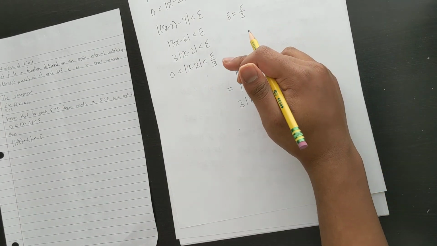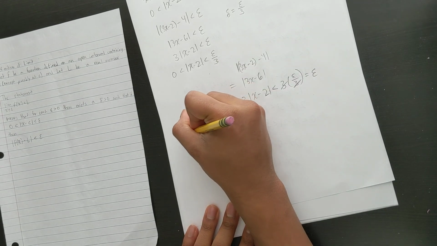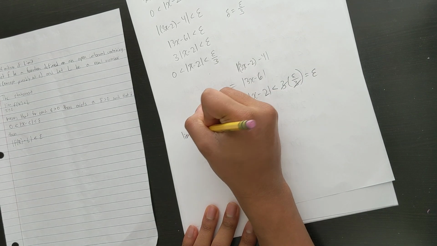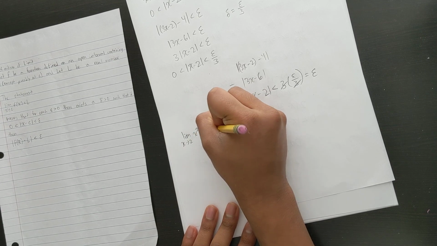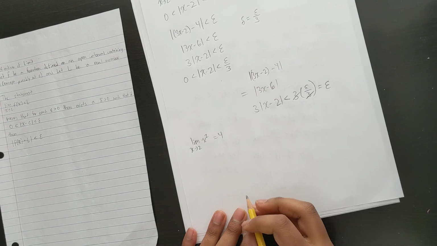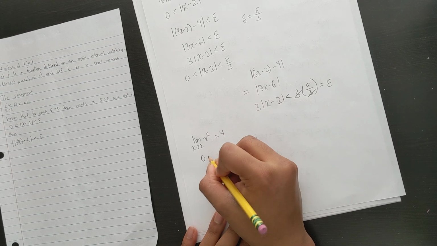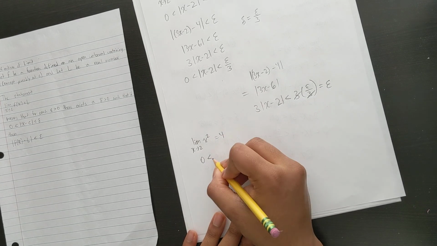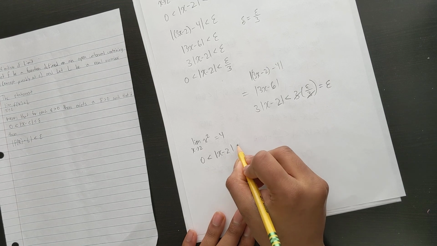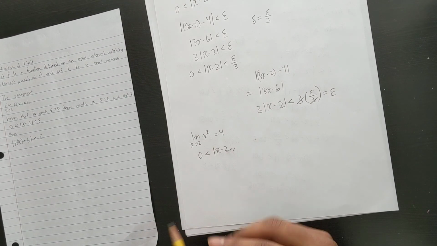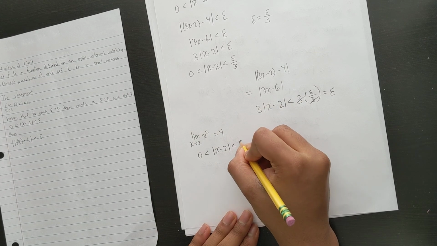So let's do the limit of x squared as x approaches 2 equals 4. Same thing. First thing, 0 is less than the absolute value of x minus 2, which is less than delta.